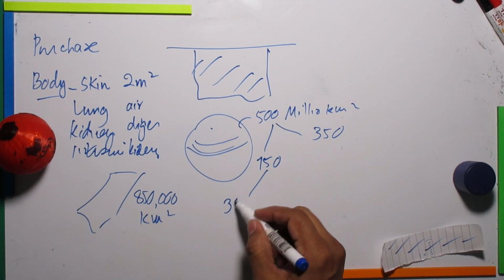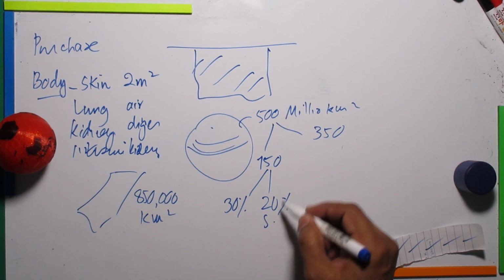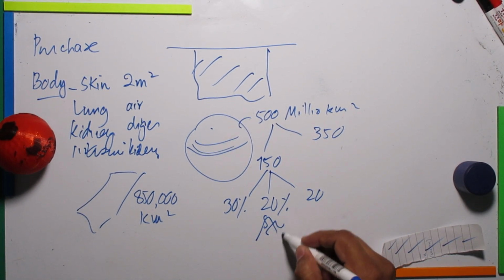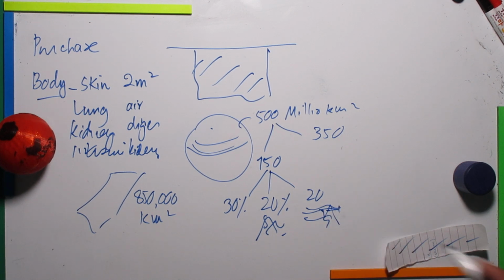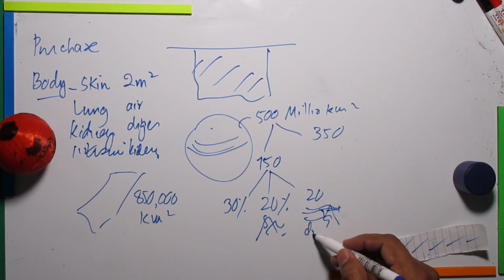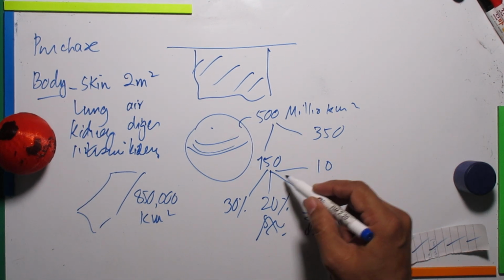Out of this, 30% is agriculture, 20% is snow, 20% is desert, where the camel can live. I mean dry desert. There can be snowy desert as well. 20% is dry, and you can say 10% is where the topsoil does not exist, and 20% is mountains.